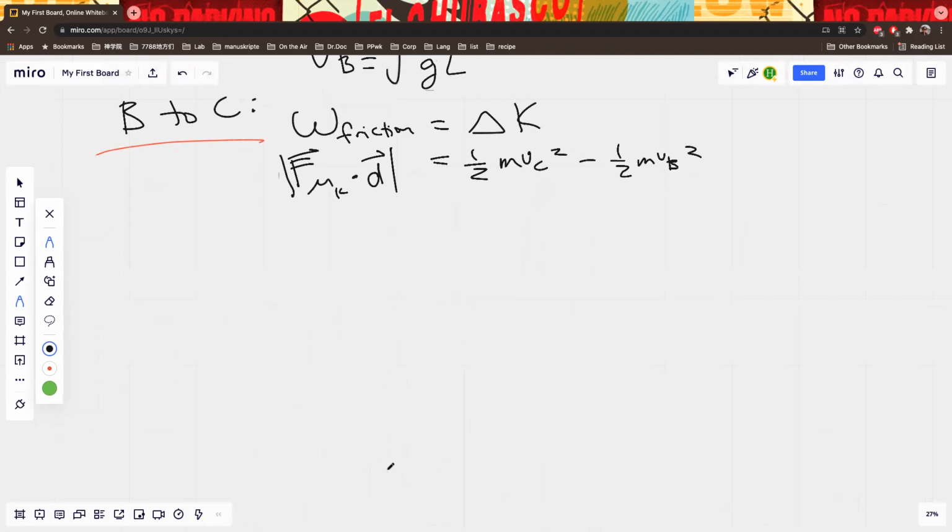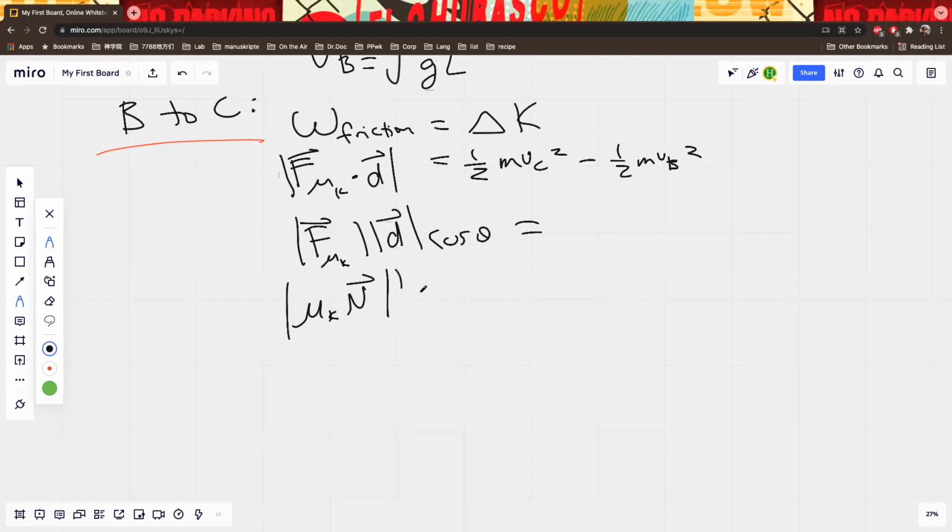If we want the absolute value of a dot product, we can do the absolute value of the individual vectors times the cosine of the angle between them. In this case, that is mu k times the normal force times distance times cos theta. And this is equal to mu k mg, right?